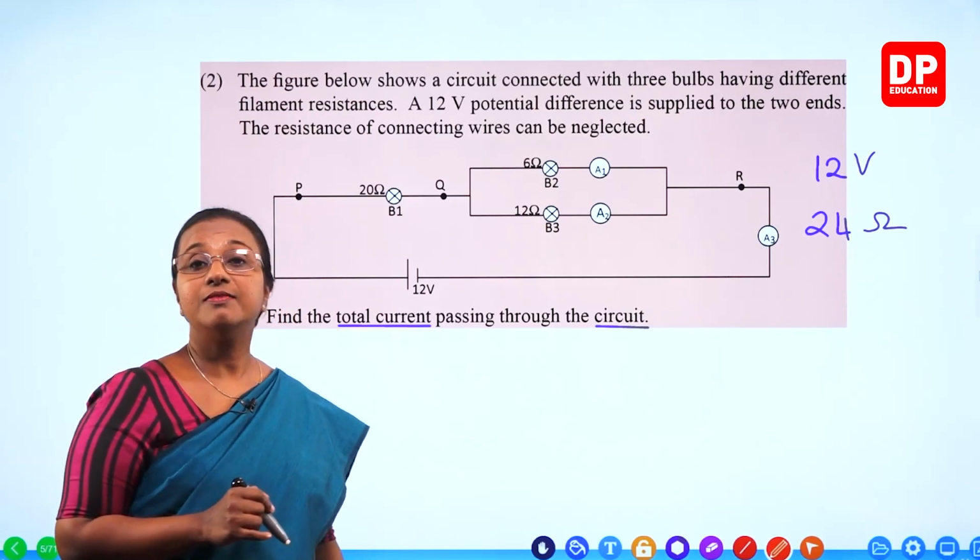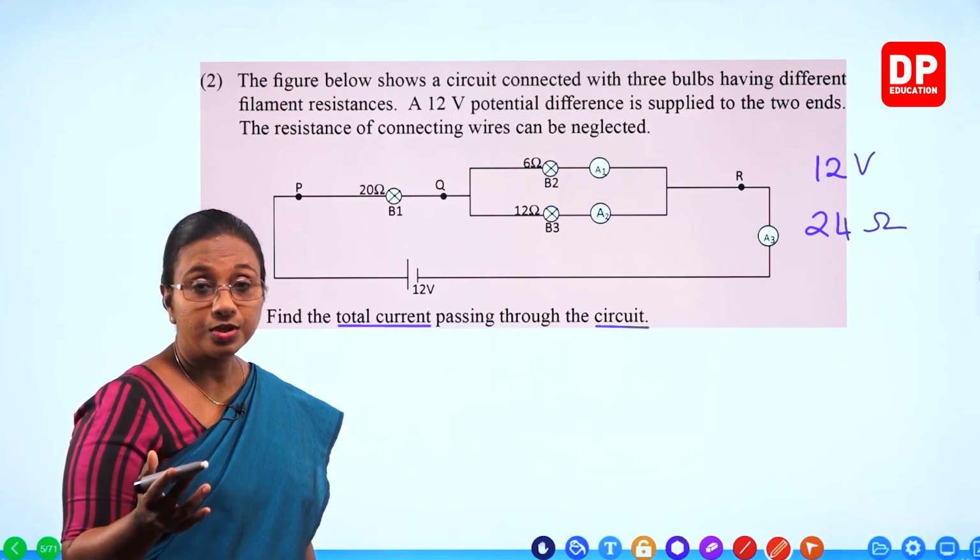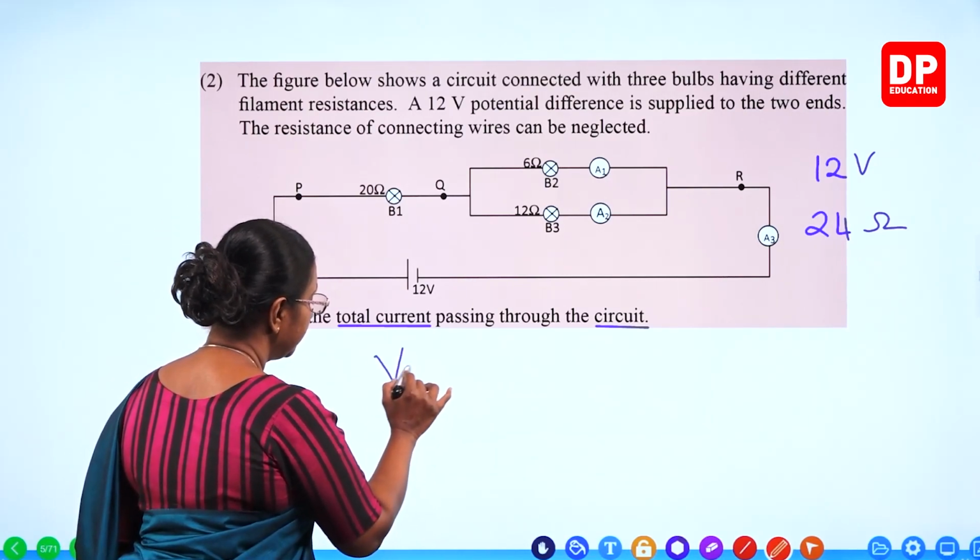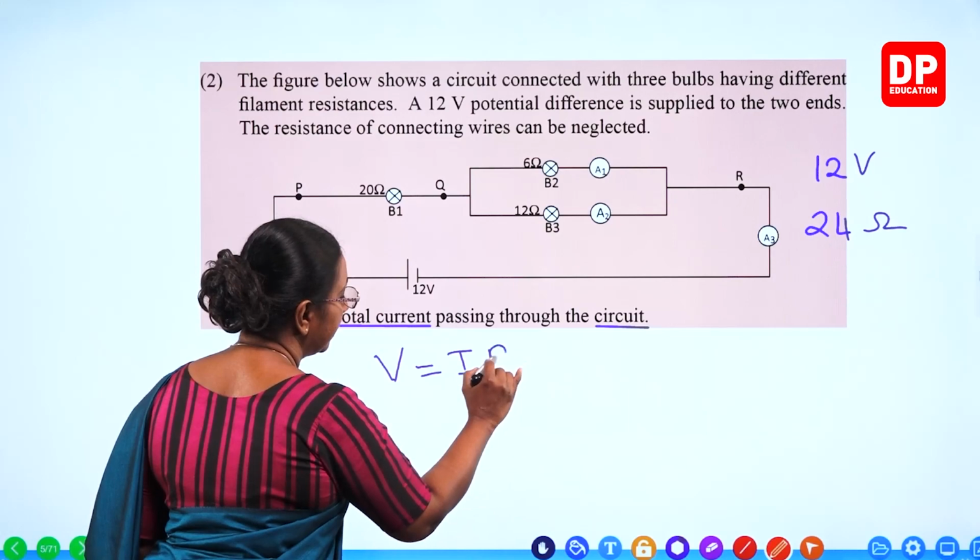Then to find the current, what is the equation? You know Ohm's law. The equation V equals IR.